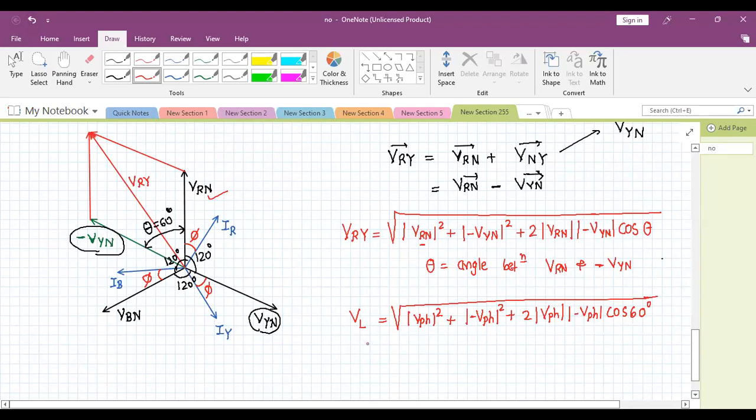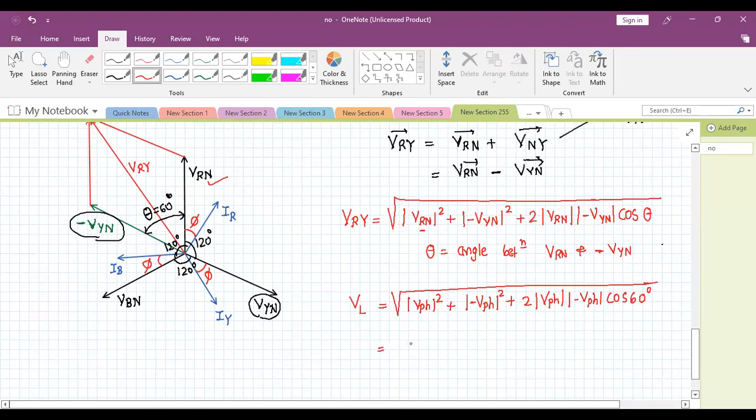So what is cos 60? So under root of VPH square plus VPH square plus 2 VPH square cos 60.